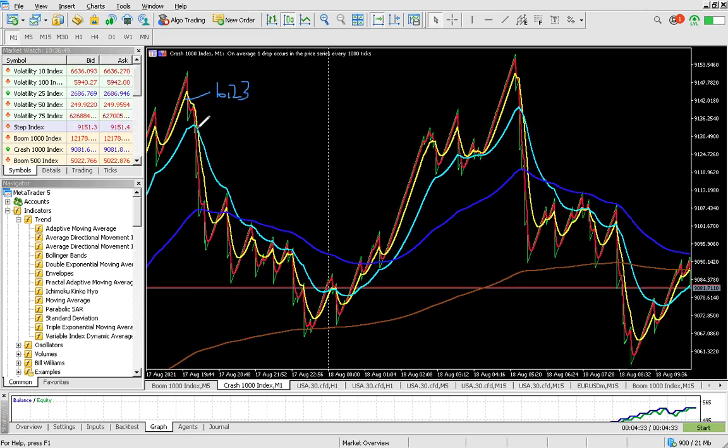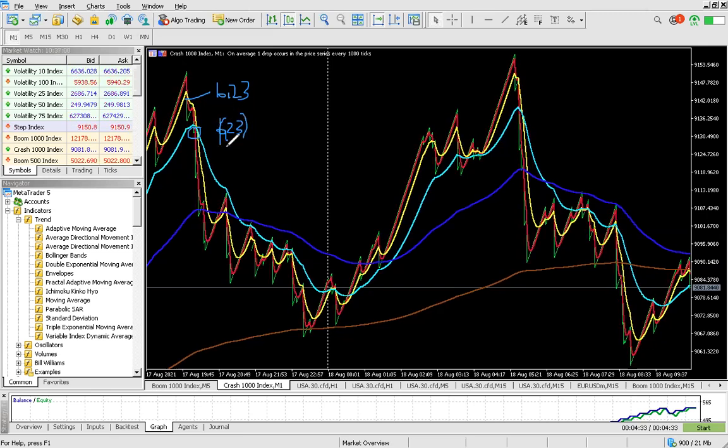If these two EMAs intersect and then the 6 and 23 get into the 92 EMA, that is the confirmation for the first level. So the first level is the 6 and 23, and then the 6 and 23 moving into the 92.